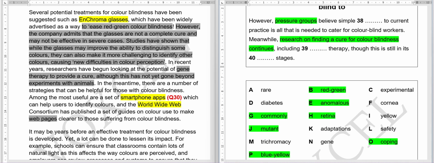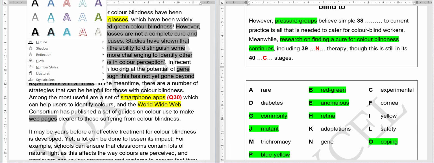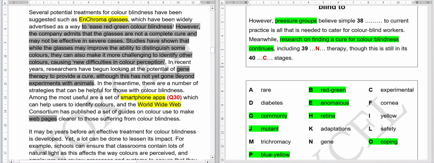For 39, our answer will be gene therapy. I believe you all have found the correct answer. And for 40, our answer will be C, experimental stages. Where it is written gene therapy, it was here. So let me change the color now for this.